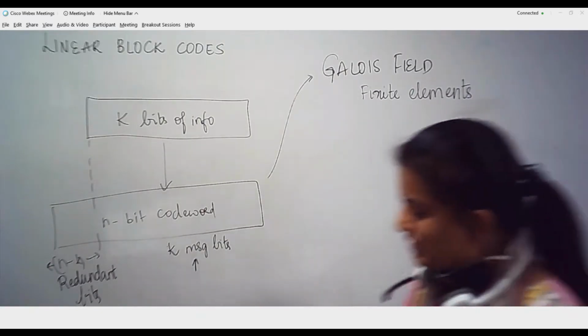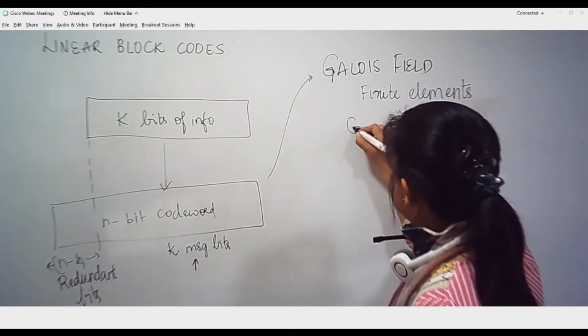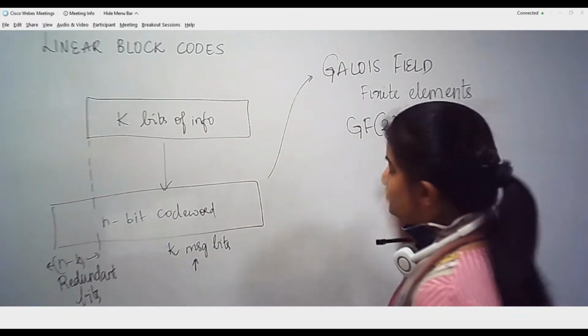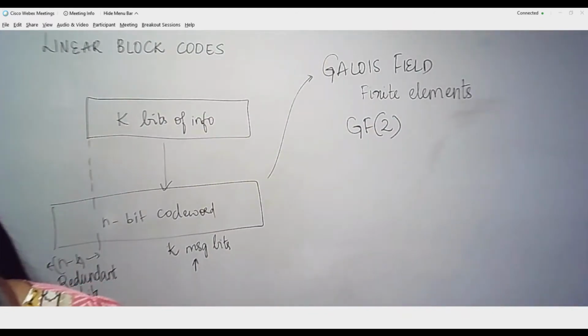Let me give you an example. GF of 2 is a Galois field which consists of, can you take a guess, the elements present in this Galois field? No idea?